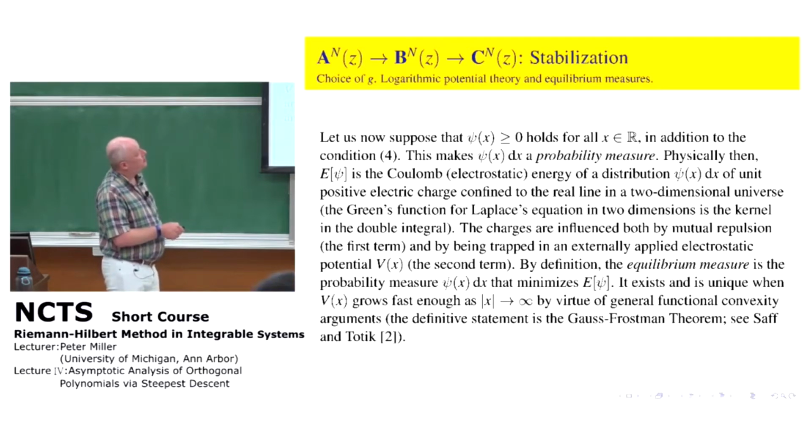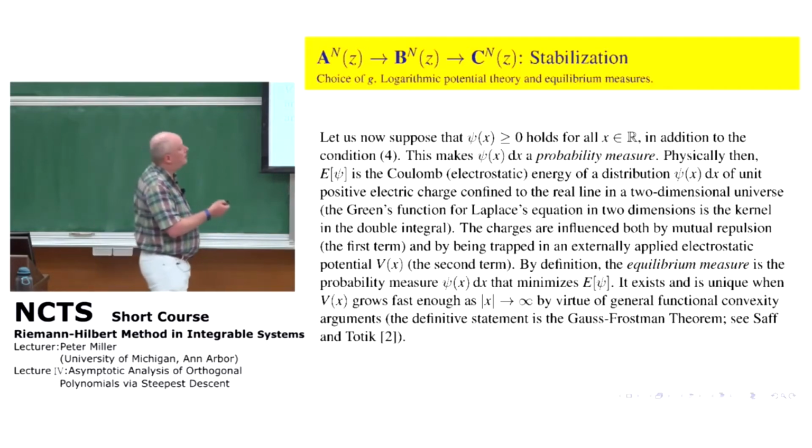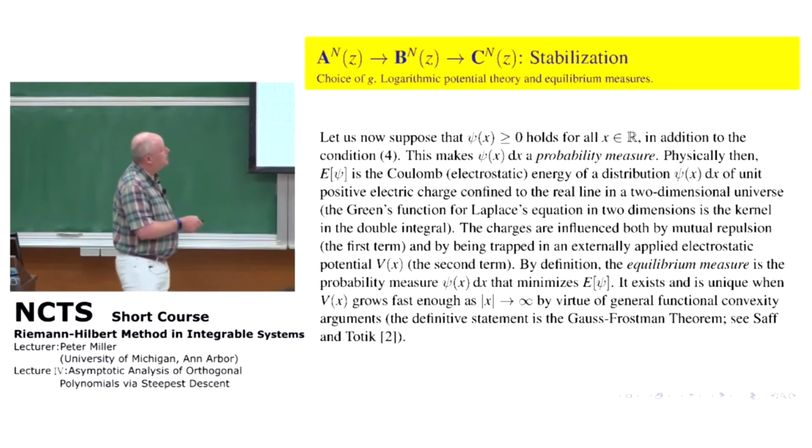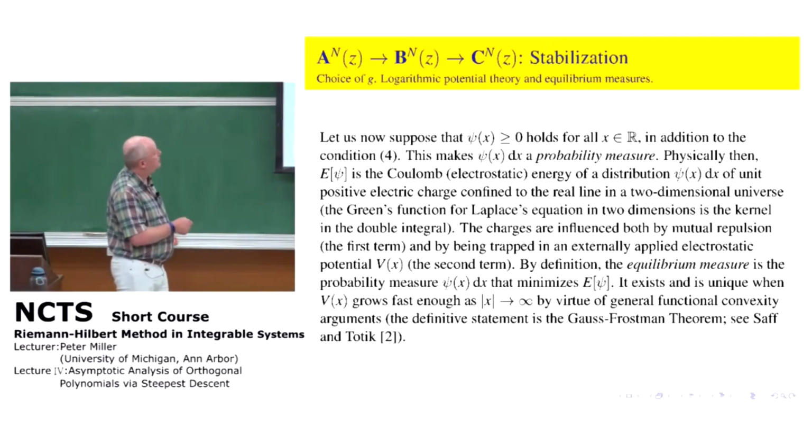So physically, we've got the Coulomb energy of a distribution of unit positive electric charge that's confined to the real line, but the universe is two-dimensional, and that's why the Green's function comes from the log, the Green's function for the Laplace equation in 2D. And the charges are influenced by mutual repulsion, which is the double integral term with the log, and they're also trapped in some external field V.